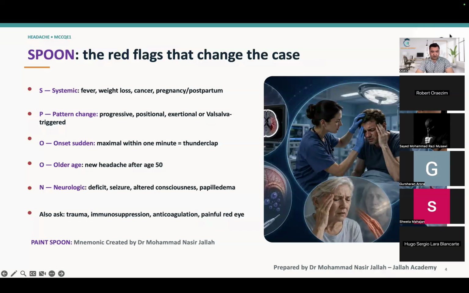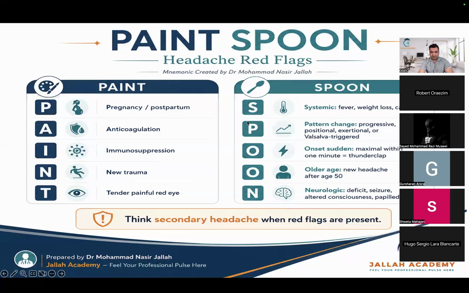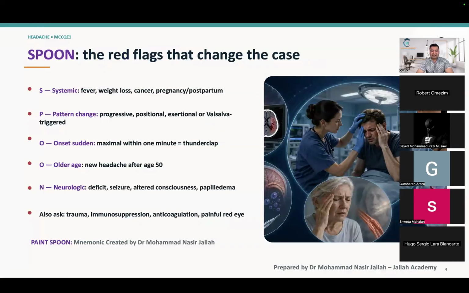Okay. We have the spoon, the red flags, or I have a better one, which is PAINSPOON, this one. This one is actually different in Toronto Notes and any other resources that you can find in regards to the MCQ1 preparation.